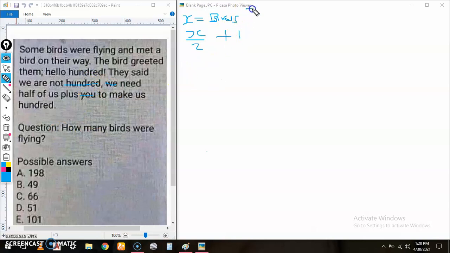All these should add up to 100, right? So we have an expression which goes: x birds plus half of the birds, right? Plus the one bird, which gives us 100 birds, right?